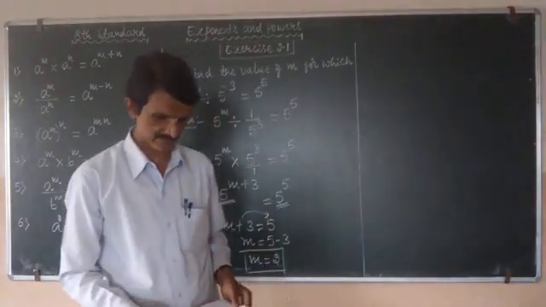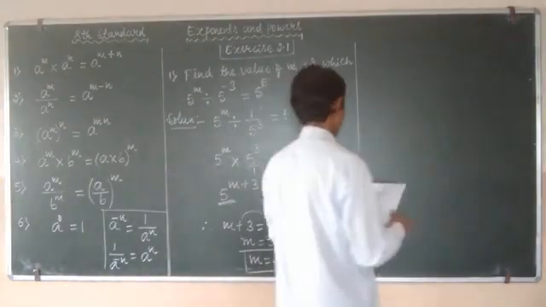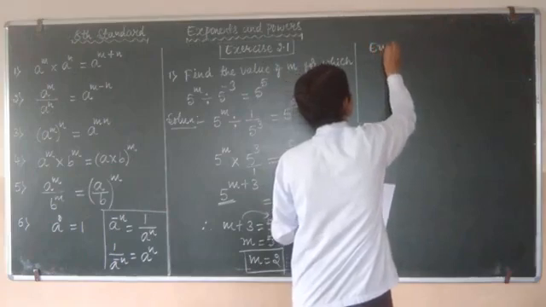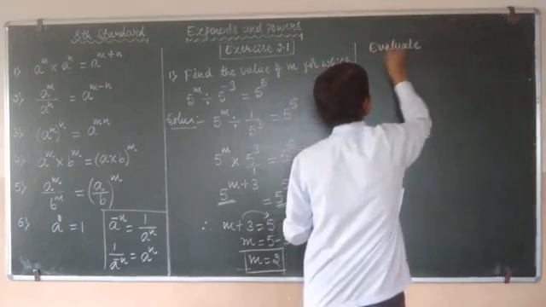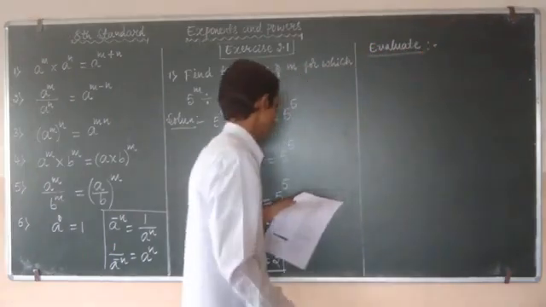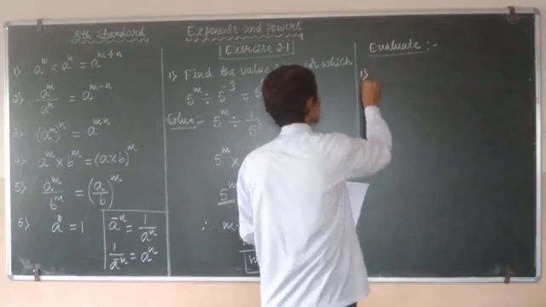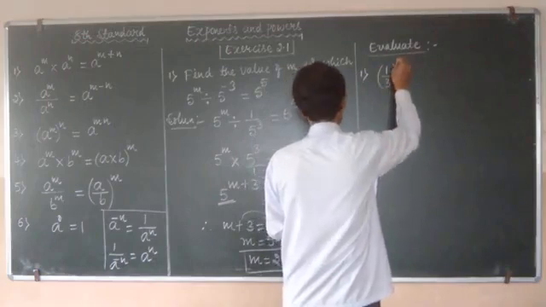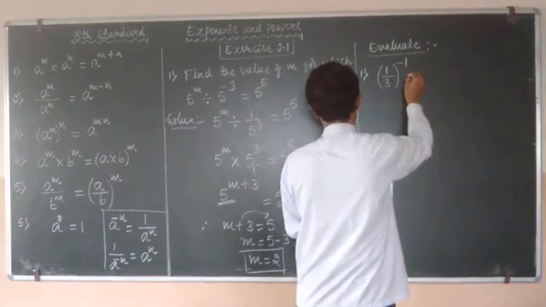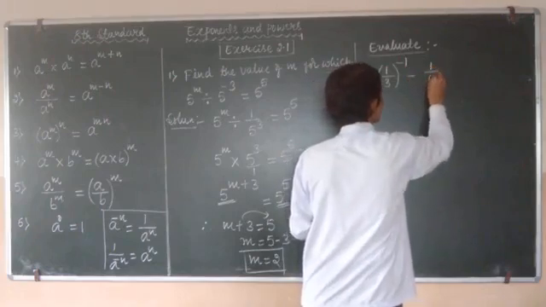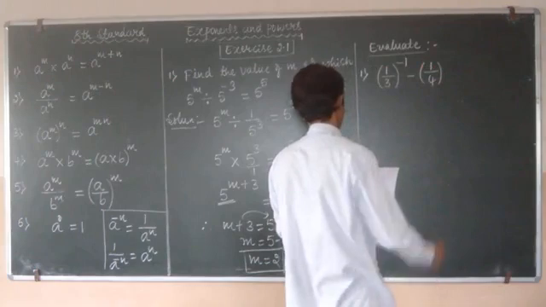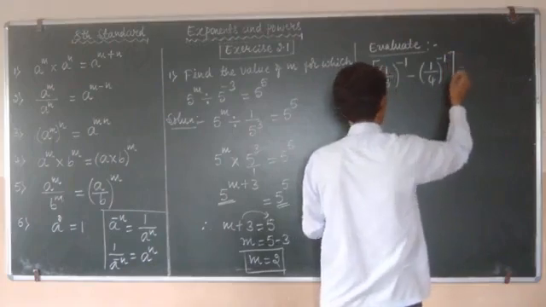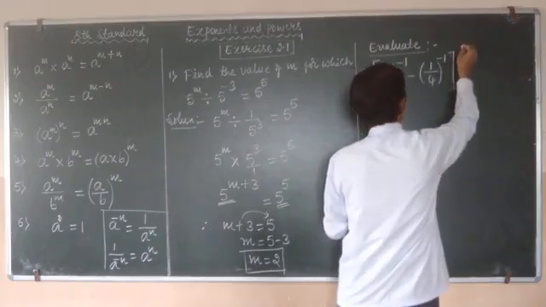So that next program is evaluate. In that program, the first problem is 1 by 3 whole to the power of minus 1 minus 1 by 4 whole to the power of minus 1, whole to the power of minus 1.